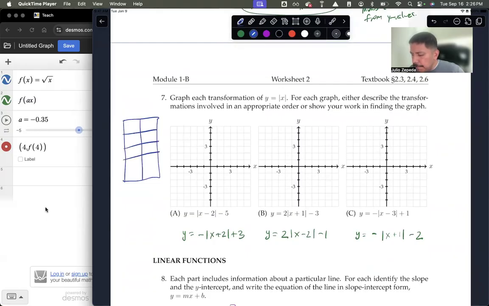But the function looks something like this: -2, -1, 0, 1, and 2 for the x values. And the absolute value of that x value is just going to be 2, 1, 0, 1, and 2. And so we can plot these points. Oops, plotted one too many, but it's going to look like this.